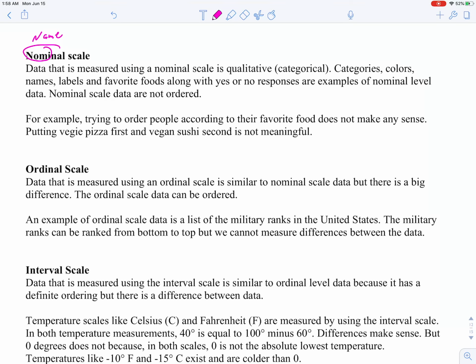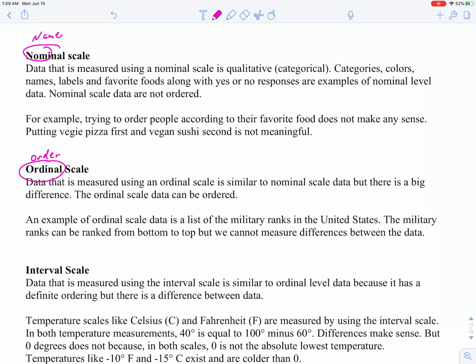All right, the next level of measurement is the ordinal scale. So think of that word ordinal. Order. Data that is measured using an ordinal scale is similar to the nominal scale, but there's a big difference. The ordinal scale can be ordered. An example of ordinal scale data is the list of military ranks in the United States.